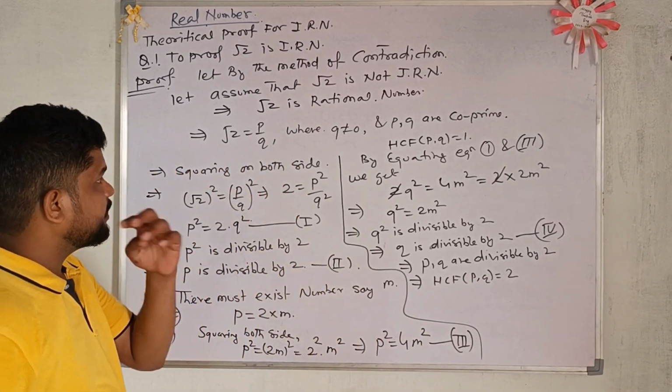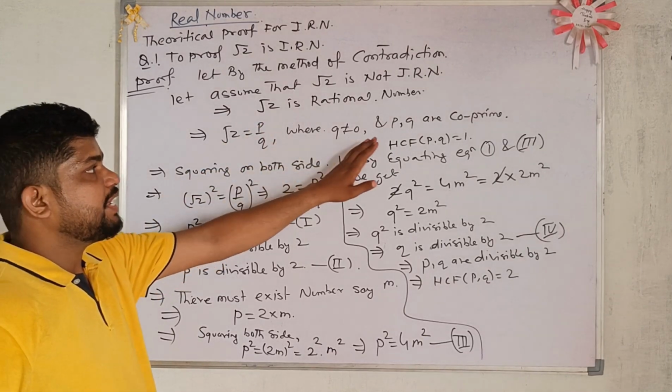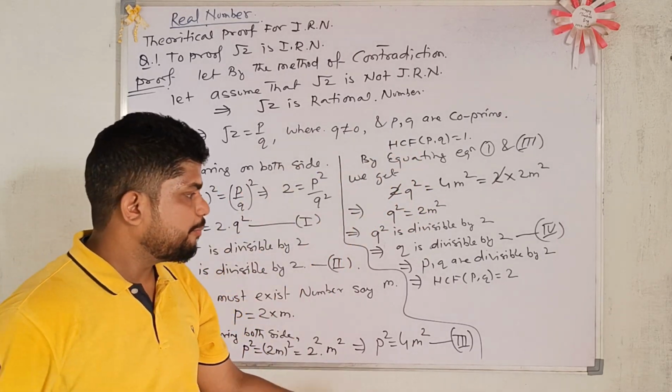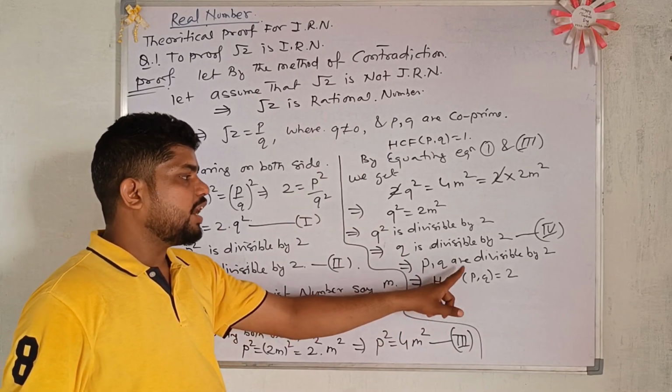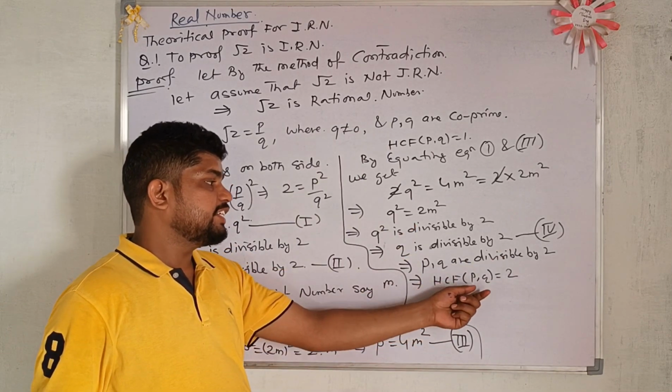But we have assumed that root 2 equals p by q, where p and q are co-prime, like their HCF should be 1. But we have come to the conclusion that p and q are divisible by 2, and their highest common factor is 2.